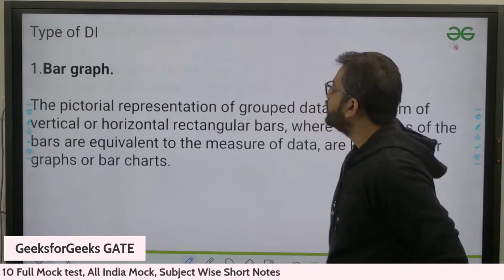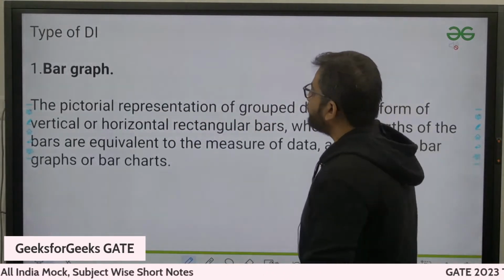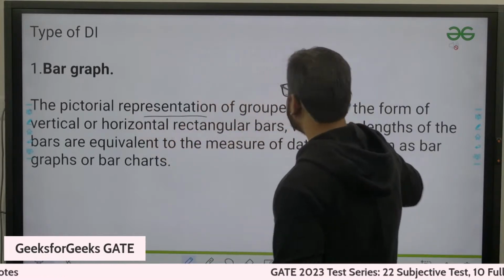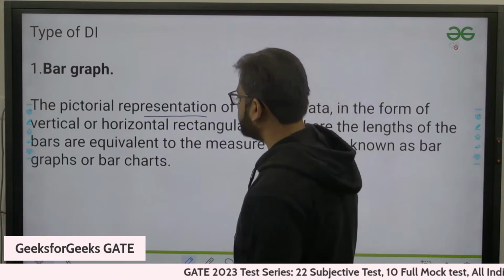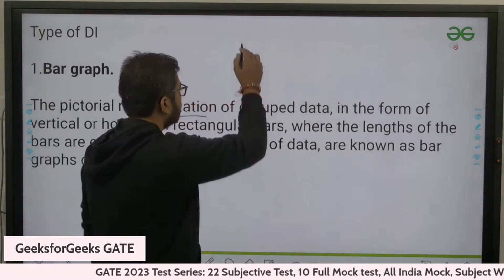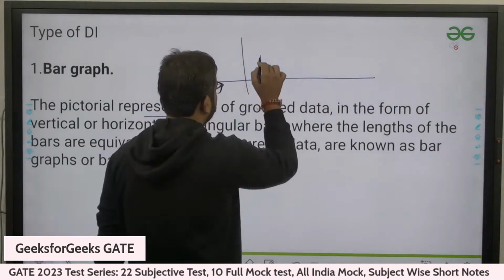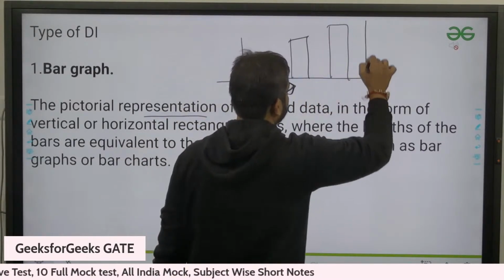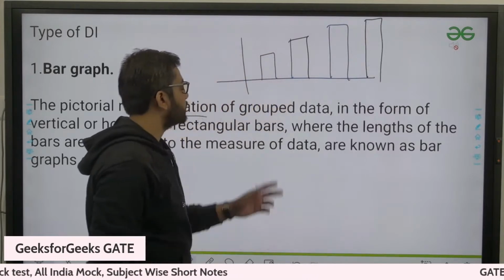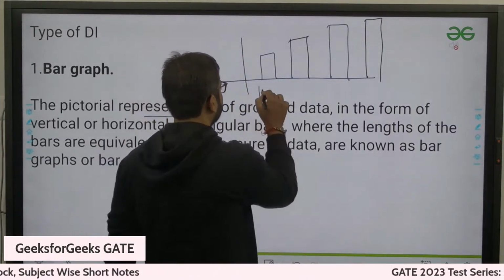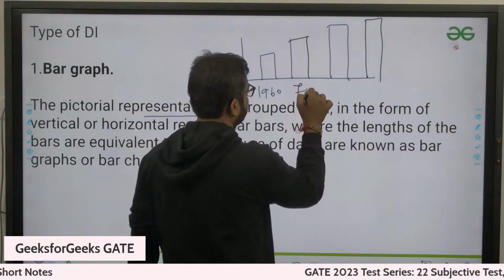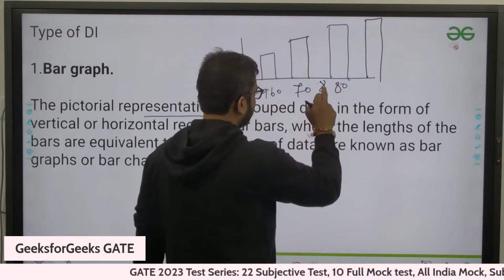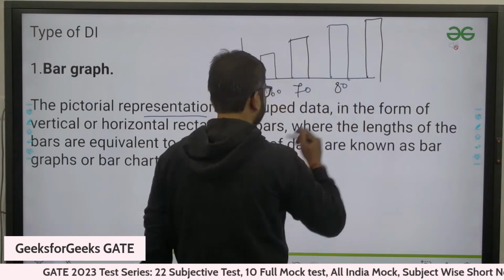Next, first is the bar graph. It is the pictorial representation of grouped data in the form of vertical or horizontal rectangular bars. I think you have seen data like this. Suppose in the previous chart, if I have written that the population is increasing like this, this is our 1960, this is our 1970, this is our 1980, and this is our 1990.